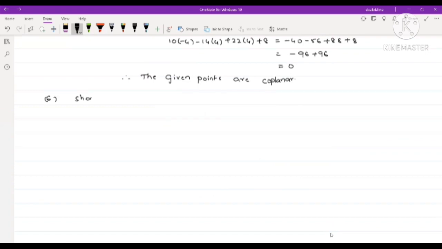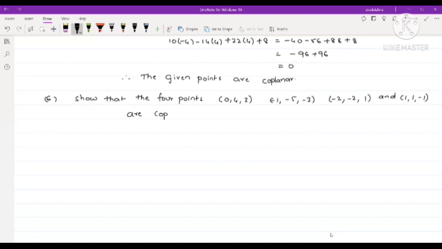Show that the 4 points (0, 4, 3), (minus 1, minus 5, minus 3), (minus 2, minus 2, 1) and (1, 1, minus 1) are coplanar.